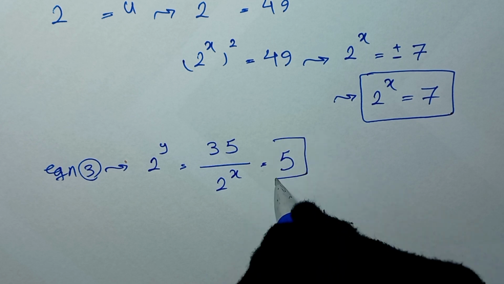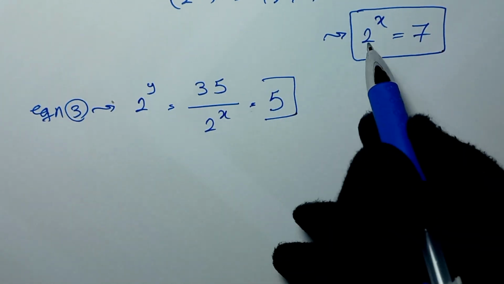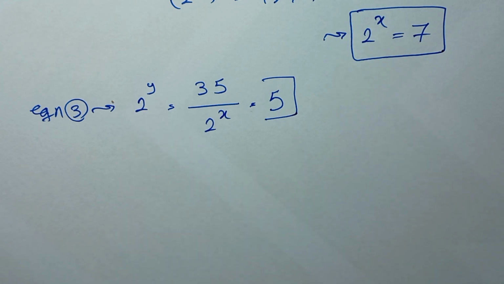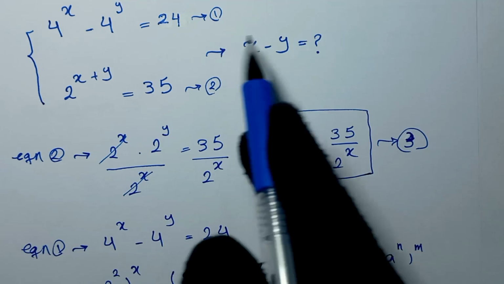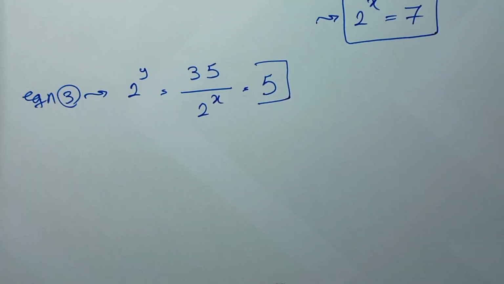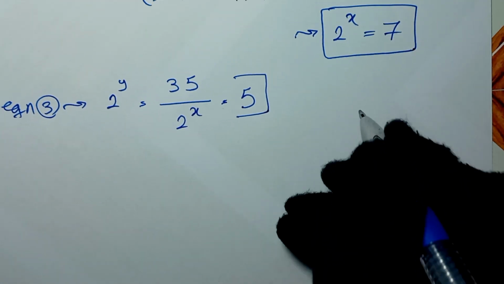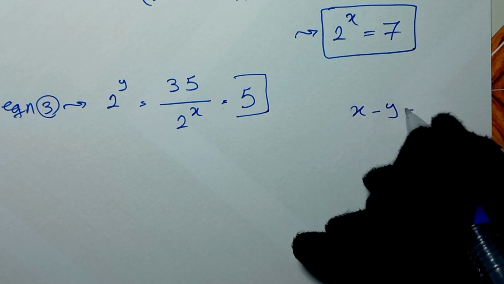So, we have the value of 2^x and 2^y, and we want to find the value of x minus y.